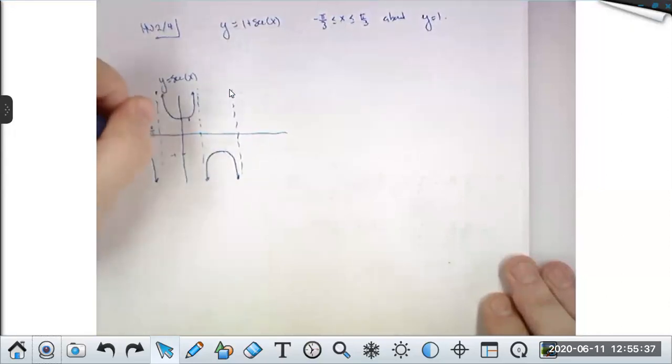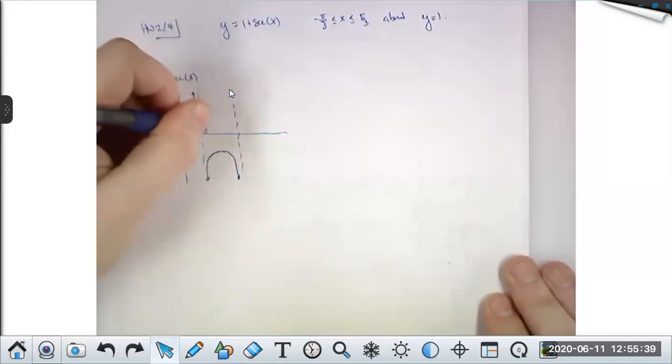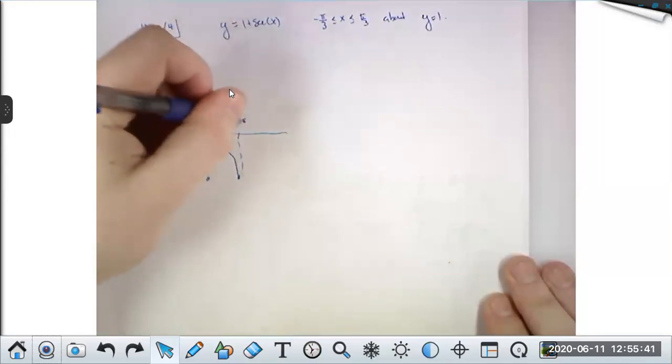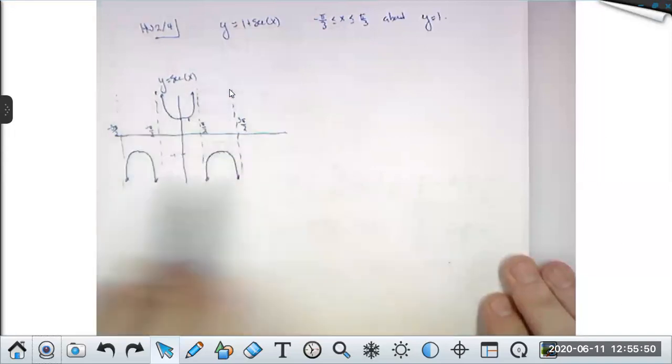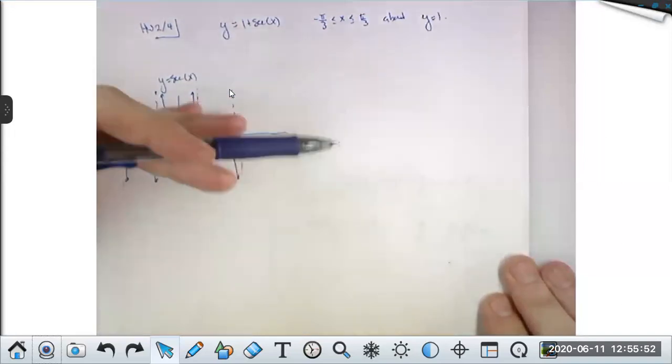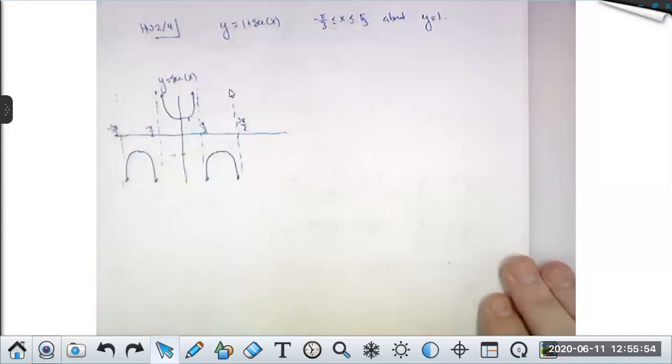Minus pi over 2, 3 pi over 2, minus 3 pi over 2. I take this graph, shift everything, and that gives me this graph.